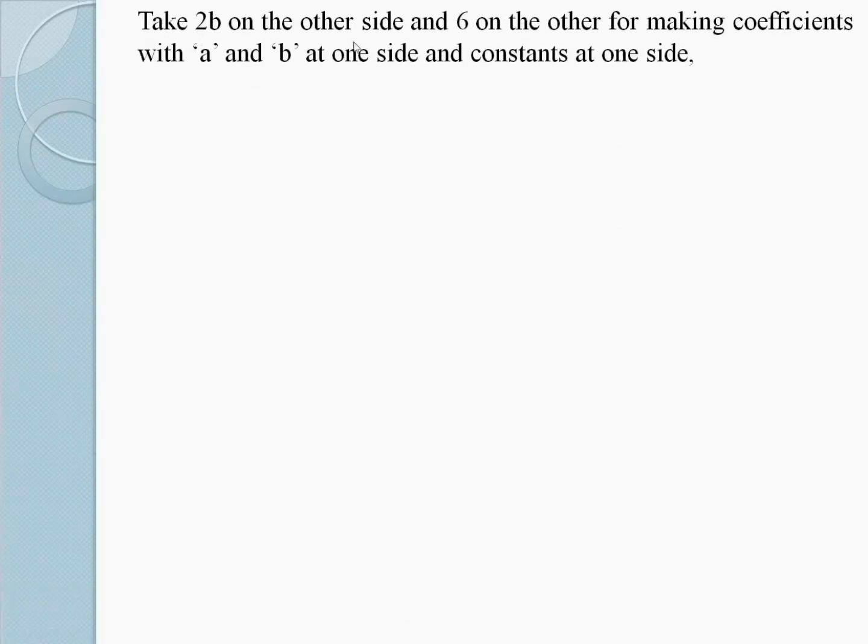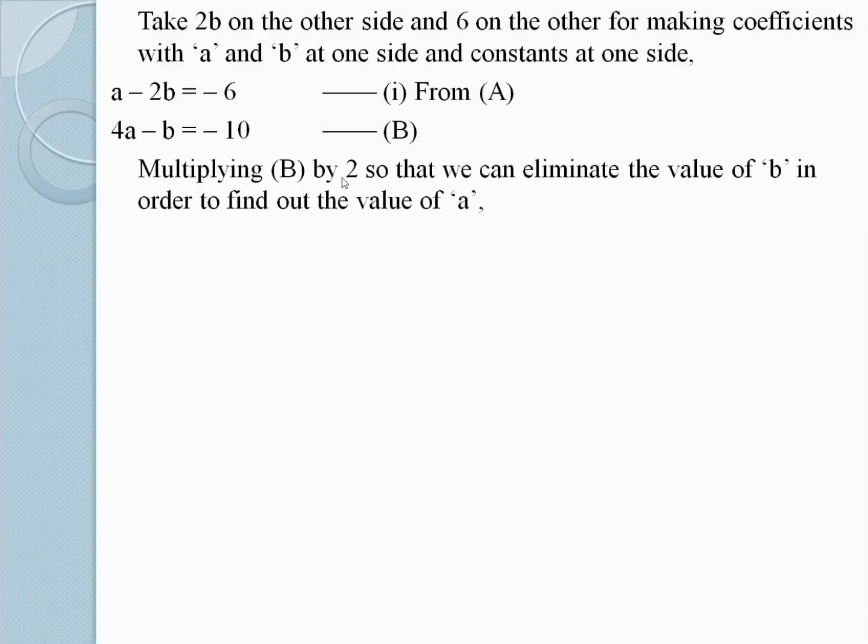Take 2b on the other side and 6 on the other, for keeping coefficients of a and b at one side and constants at one side. a minus 2b equal minus 6 from A. 4a minus b equal minus 10 from B. Multiplying B by 2 so that we can eliminate the value of b in order to find out the value of a. 8a minus 2b equal minus 20 from B, equation number 2.